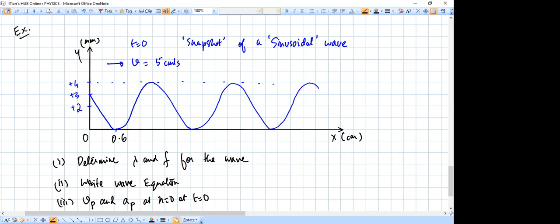Okay, so this is again a snapshot picture of a sinusoidal wave this time at time t equal to 0. And from the information given in the graph, okay, we have to determine these various parameters. Okay.